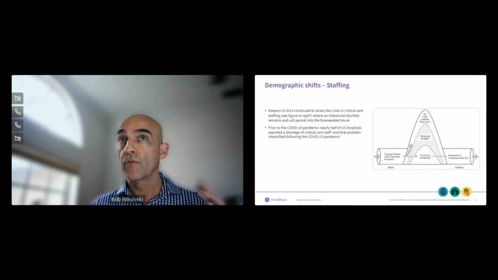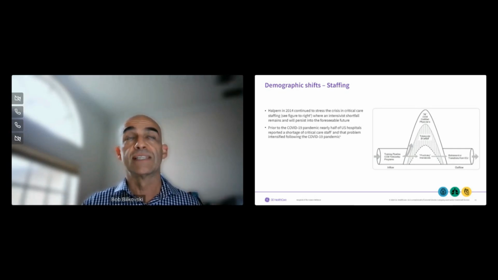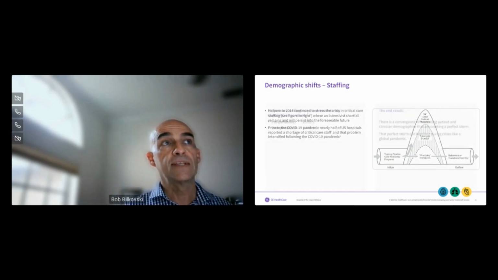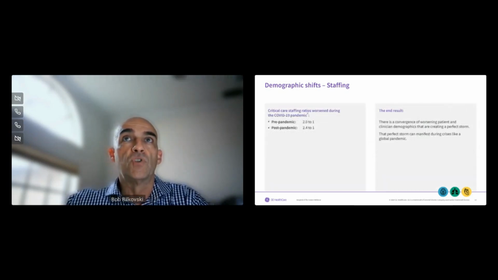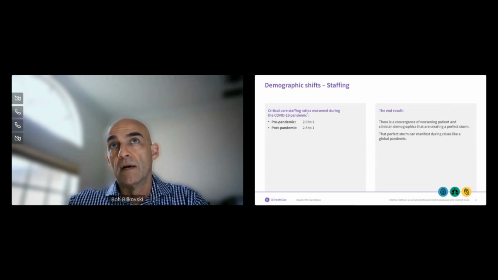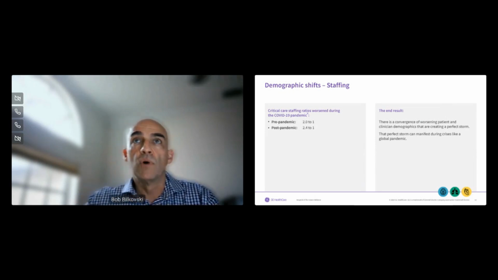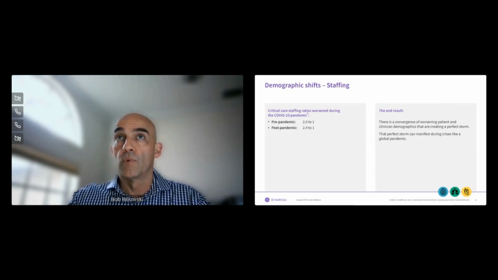So clearly there's an issue here with regards to staffing, and the staffing is becoming more noteworthy. If we see during the pandemic in contrast to pre-pandemic, the critical care staffing ratios increased, going from 2 to 1 to 2.4 to 1.